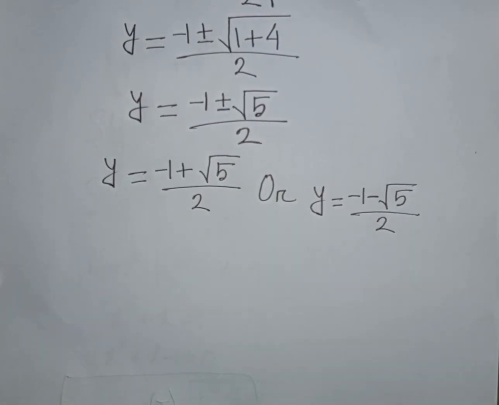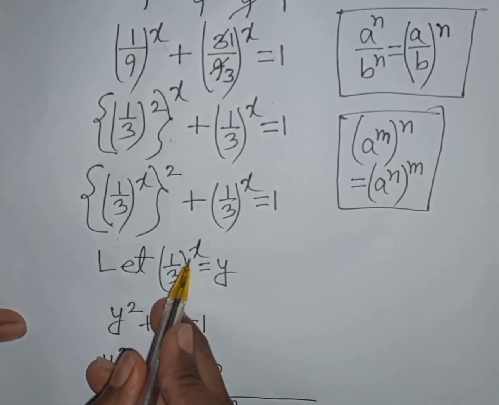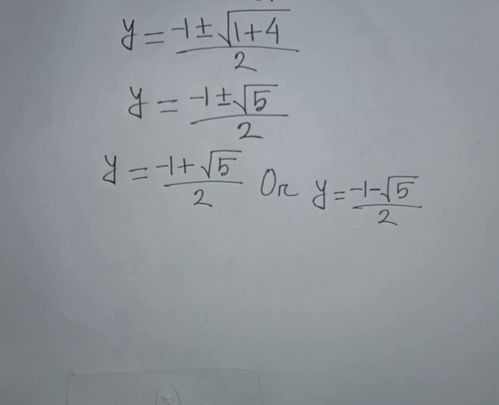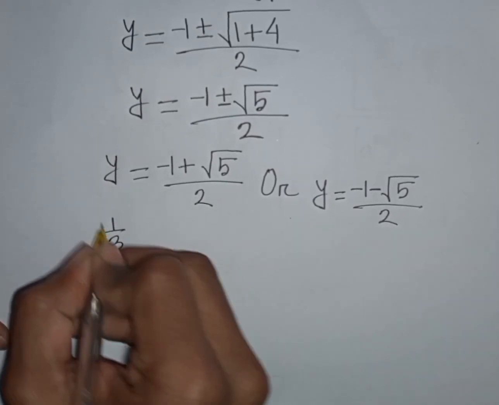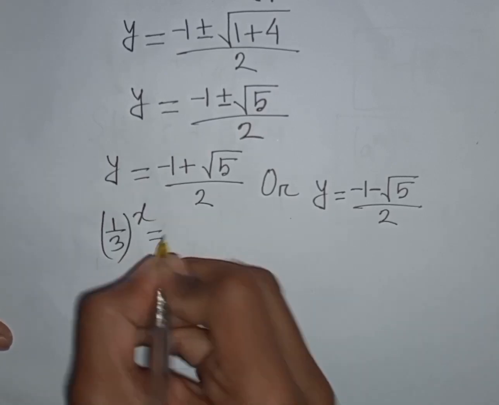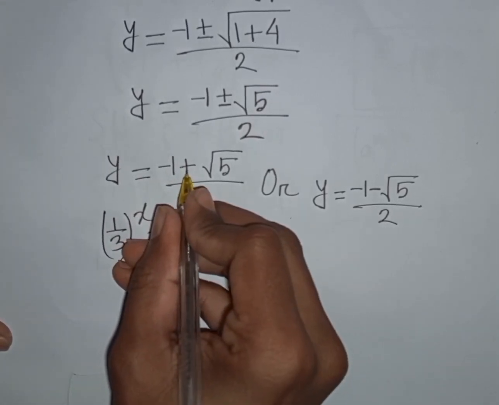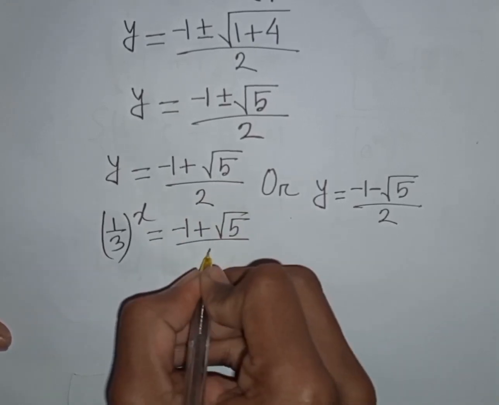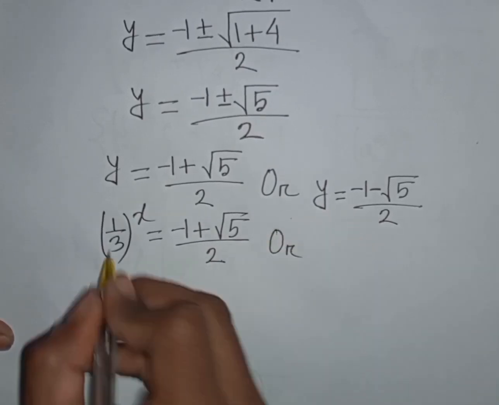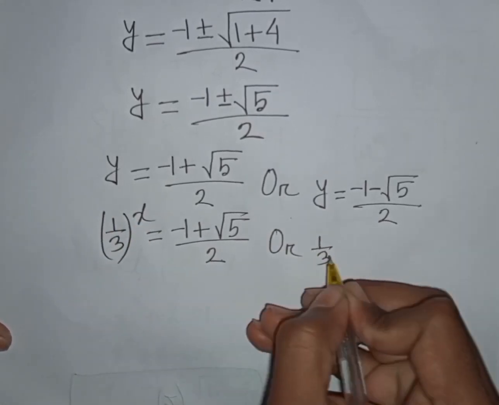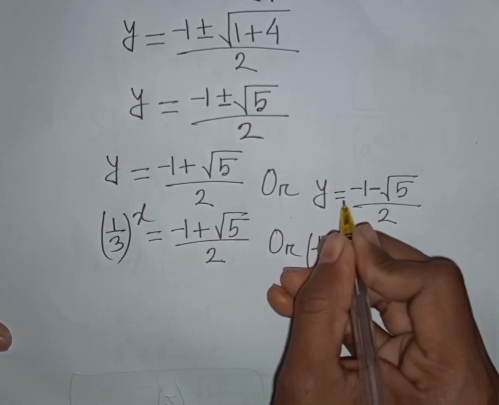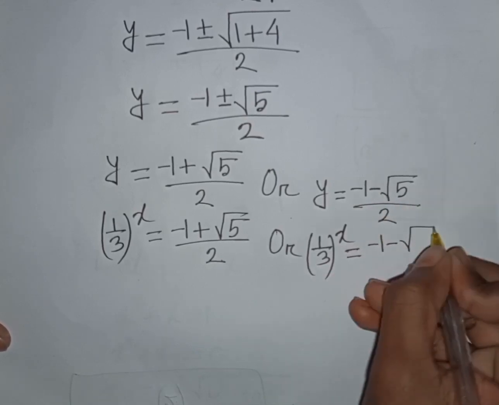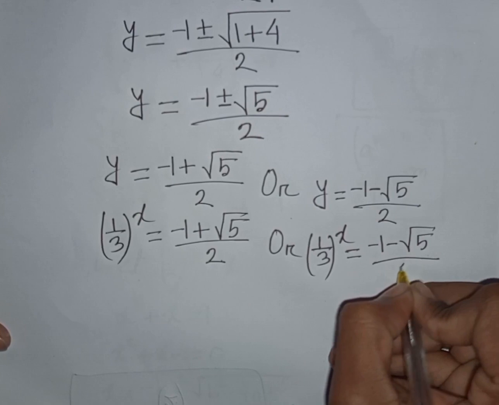Now remember that let (1/3)^x be substituted by y. So y, that means (1/3)^x, is equal to (minus 1 plus square root of 5) divided by 2, or (1/3)^x is equal to (minus 1 minus square root of 5) divided by 2.